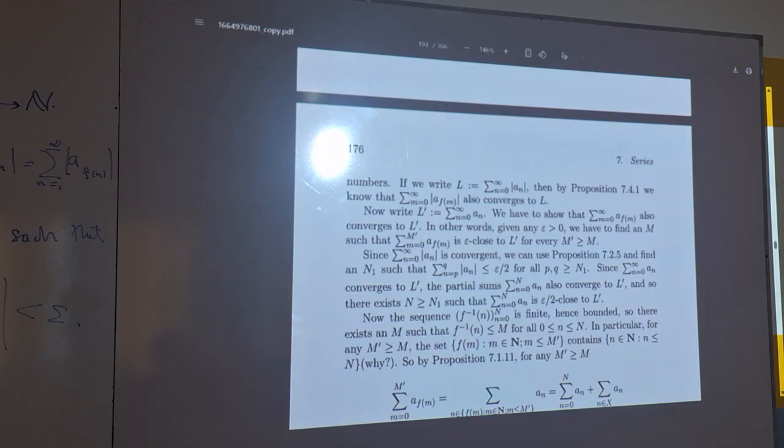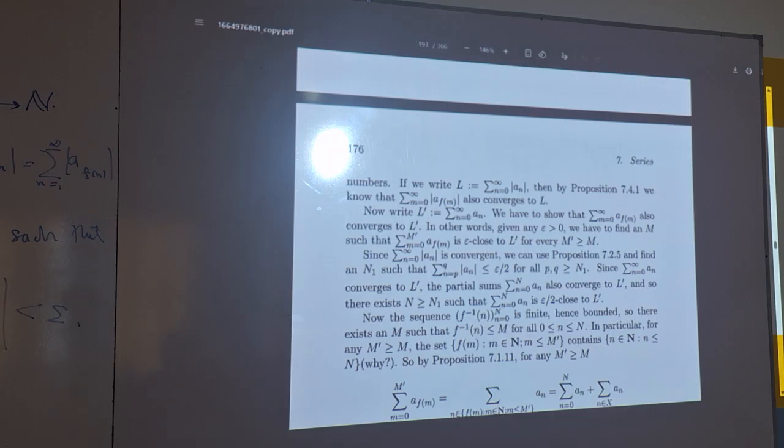And so there is a capital N greater than N1 such that the partial sum from n equals 0 to N is close to L dash. So here he is now fixing some capital N, greater than or equal to N1.